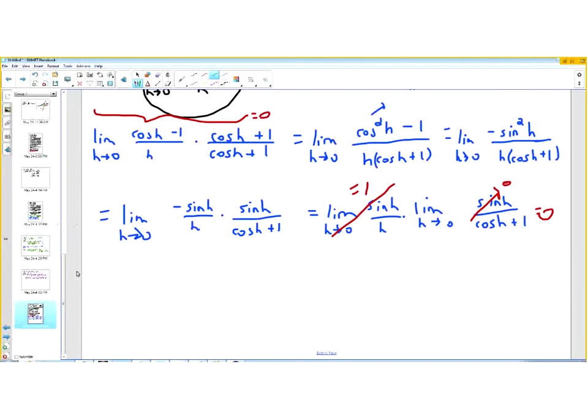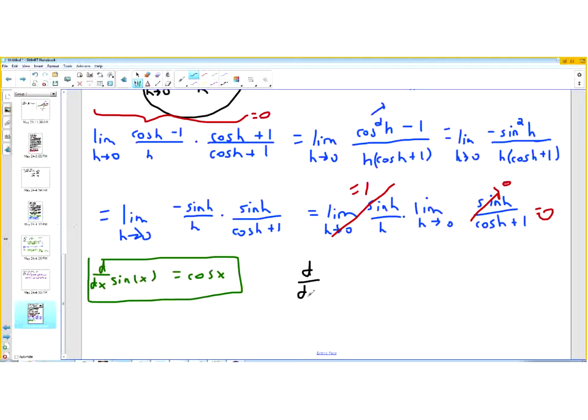So the derivative with respect to x of sine x is equal to cosine x. And I expect you to memorize this. Now, we can use a very similar approach for the derivative of the cosine function, and I'm going to leave that to you as an exercise.